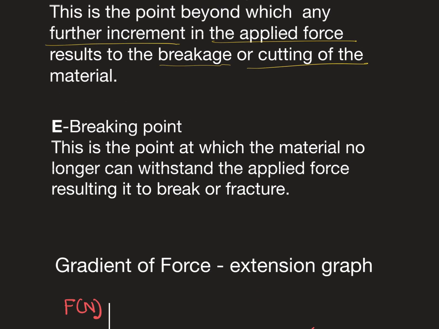And then we move on to the breaking point. This is the point at which the material no longer can withstand the applied force, causing it to break or fracture. That is all for today.